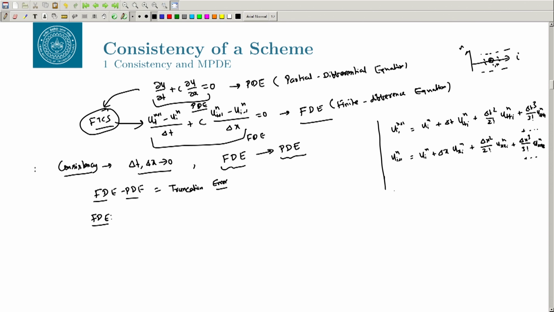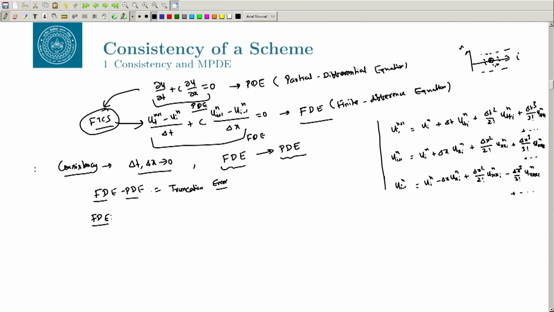And similarly, we will have u_(i-1)^n is equal to u_i^n minus delta x u_x at i n plus delta x squared by factorial 2 u_xx at i n minus delta x cubed by factorial 3 u_xxx at i n, and plus other terms.